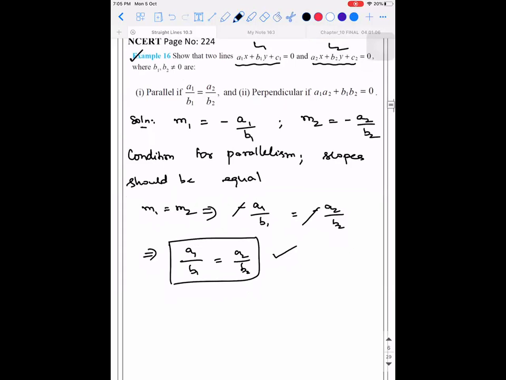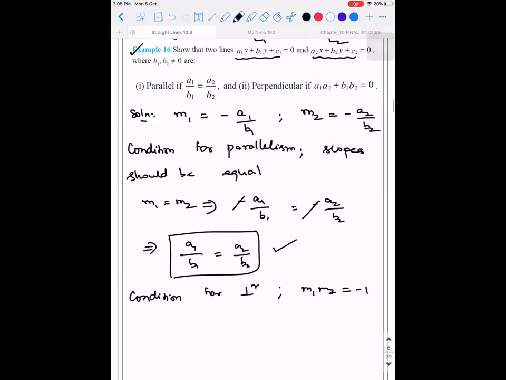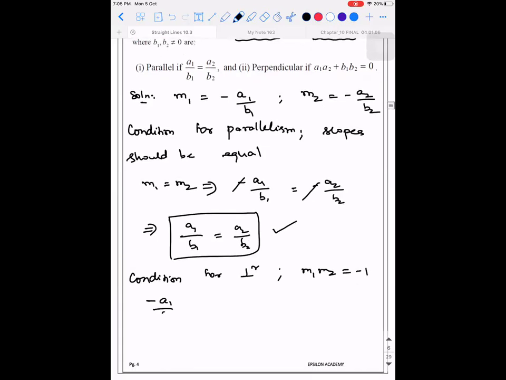Similarly, what is the condition for perpendicularity? m1 into m2 should be minus 1. So that is minus a1 by b1 into minus a2 by b2 should be minus 1. Right? So minus into minus is plus. So a1 a2 by b1 b2 is equal to minus 1, which implies a1 a2 is equal to minus b1 b2.